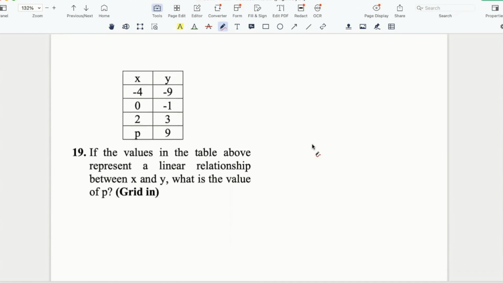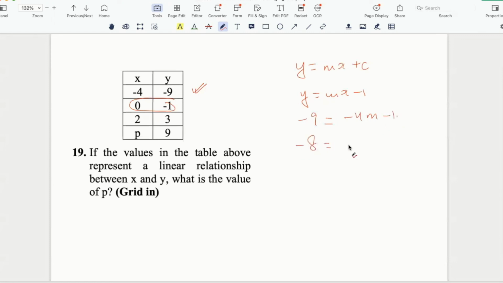If the values in the table above represent a linear relationship, what is the value of p? So let me write it as y is mx plus c. Actually I can get c from this because y-intercept is -1. So I can write y is mx minus 1. And then using this, I can say -9 is -4m minus 1.